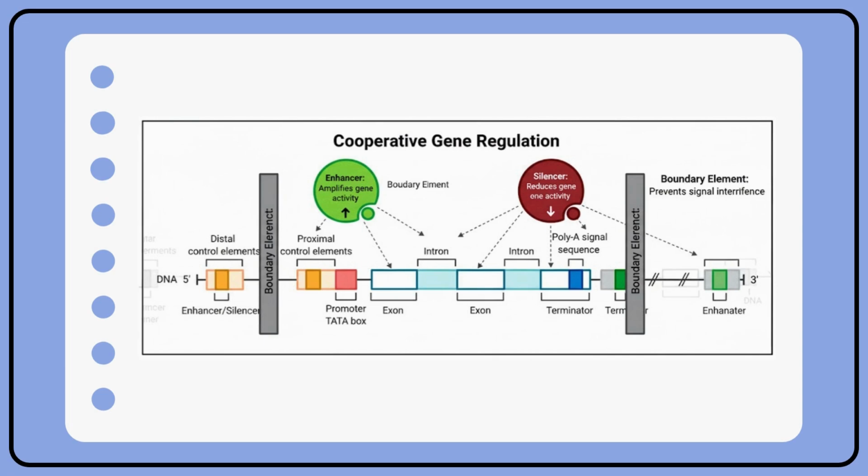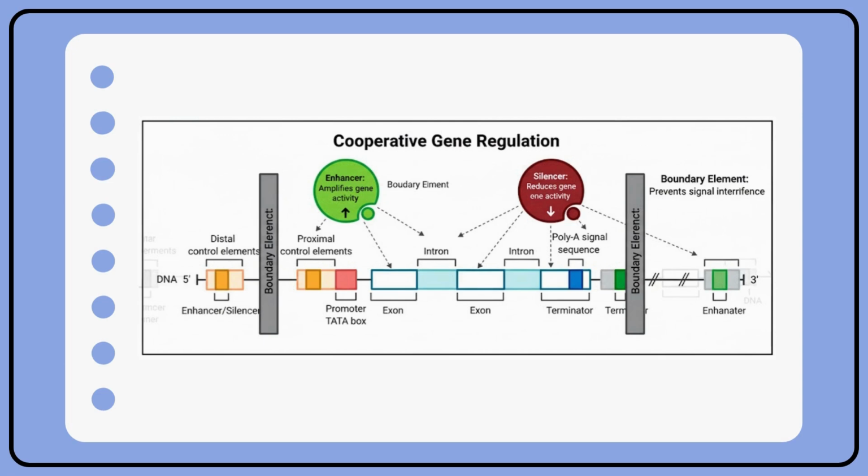So, finally, all of these elements, which are promoters, enhancers, silencers, boundary elements, and transcription factors, can work together to form a network that determines when genes are turned on, how much RNA is produced, and how the cell responds to environmental signals.